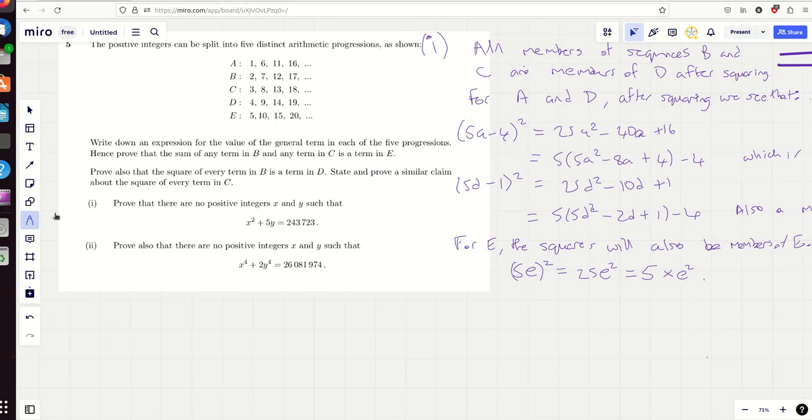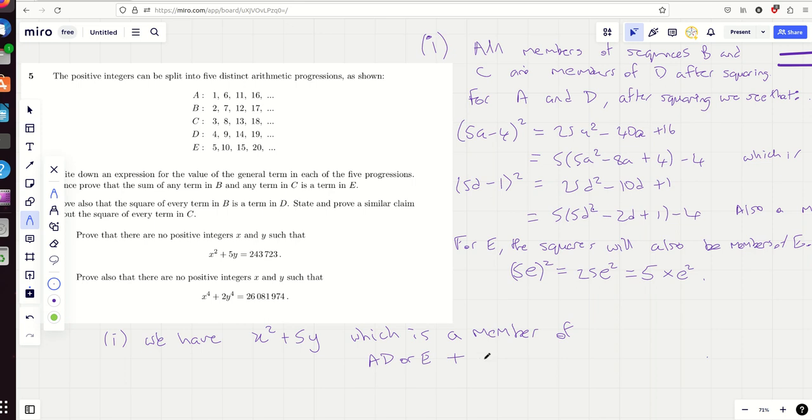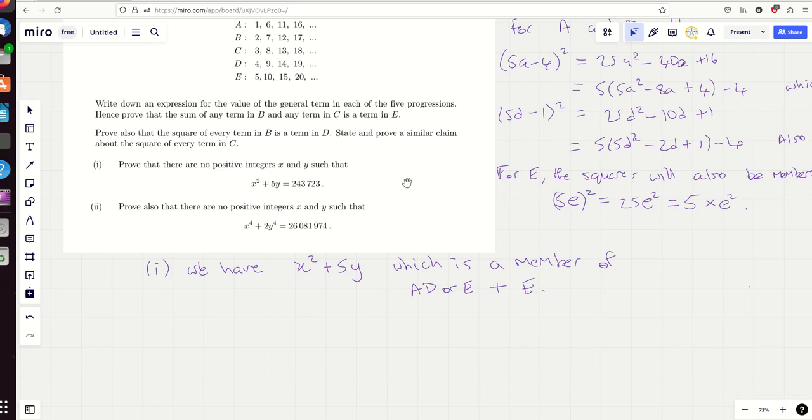I've got a member of A, D, or E plus a member of E, because 5y is clearly E. And if you do A plus E, you end up still in A. If you do D plus E, you end up still in D. And if you do E plus E, you end up still in E. Basically, adding 5 to these, you're going to be in the same sequence.